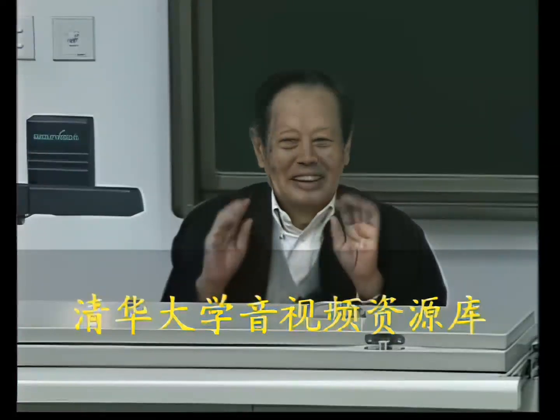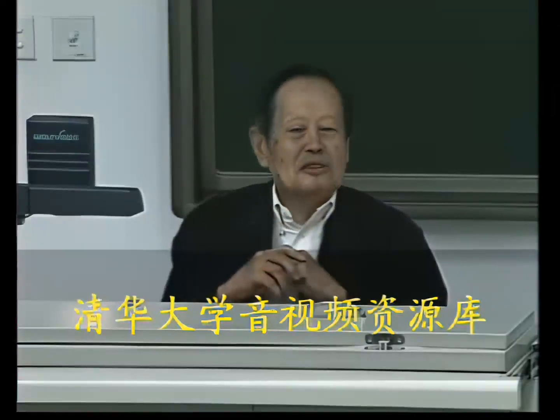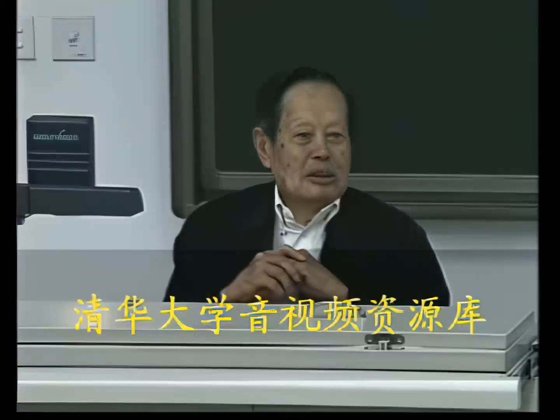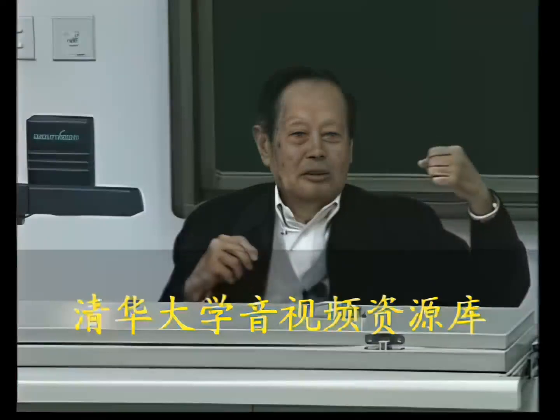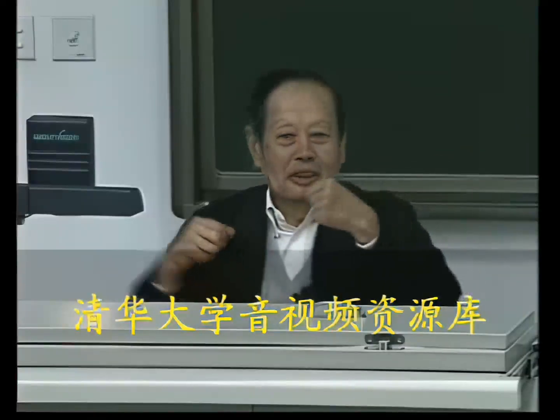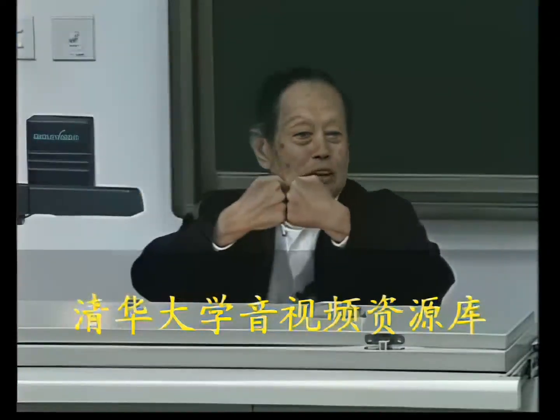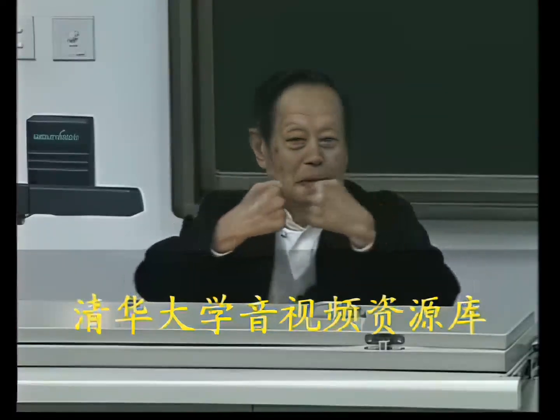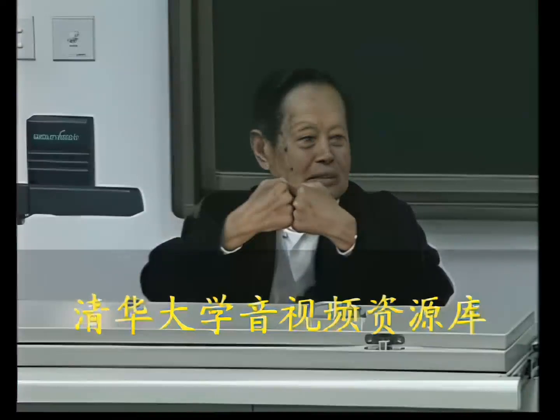Okay, let's first deal with the case where m1 is equal to m2. So in the original system, in the center of mass system, you have a particle with the velocity coming, but P1 plus P2 has to be equal to 0. So therefore, P1 is equal to minus P2.